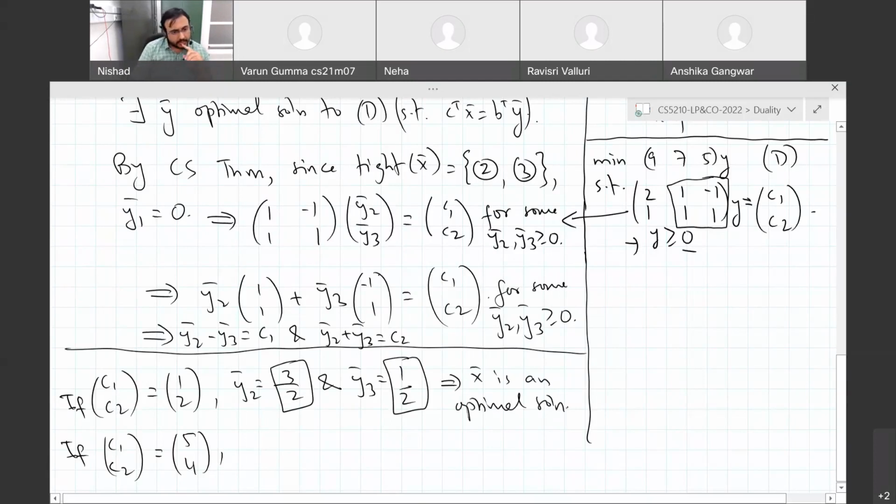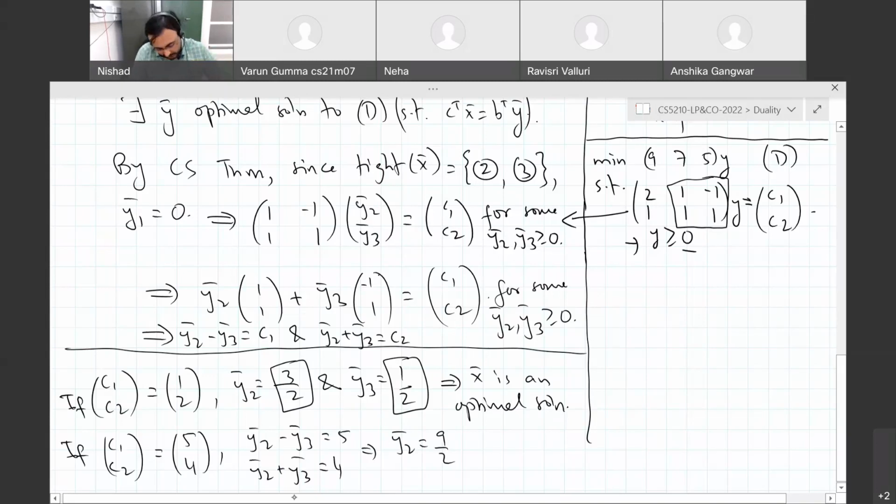However, if you consider 5, 4, let's just solve the system and see what happens. Let me just convince you. y2 bar minus y3 bar is equal to 5 and y2 bar plus y3 bar is equal to 4. Right, so what do you get? You get that 2 y2 bar is equal to 9, so y2 bar is 9 over 2.